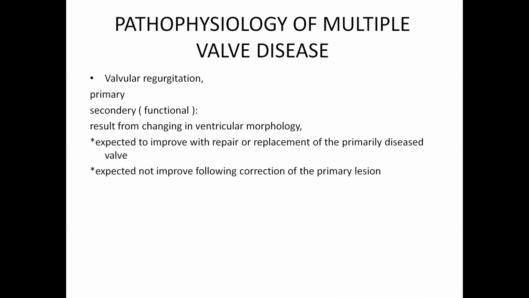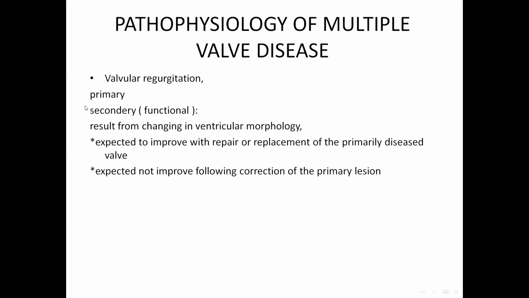Then we move to the pathophysiology of multiple valve disease. We'll start with valvular regurgitation, as started in our reference. It can be primary or secondary valve regurgitation. The primary one, as we said before, happens when the disease process primarily affects the valve.